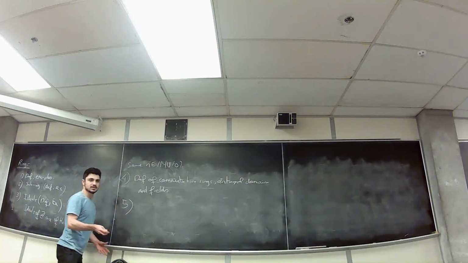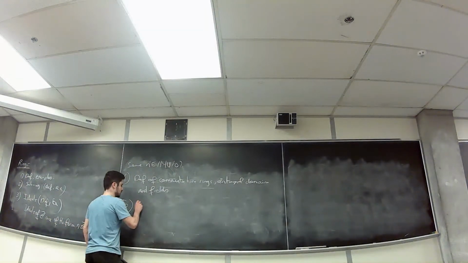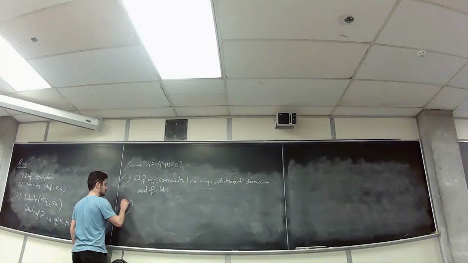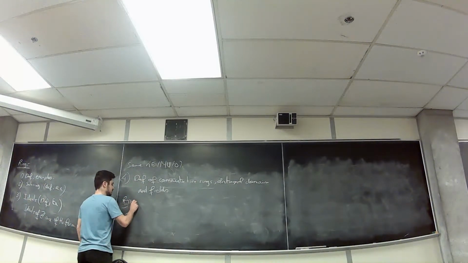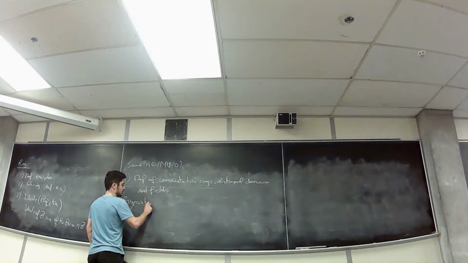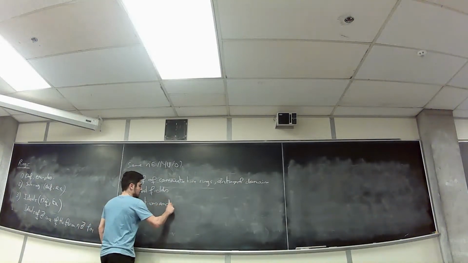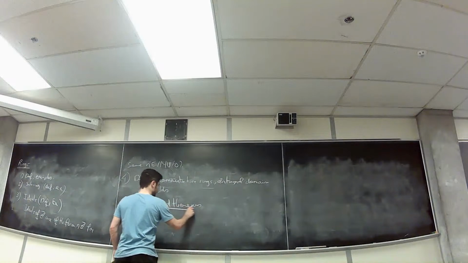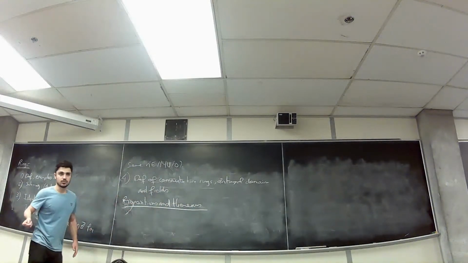So for example, what's the first thing we prove? Let's prove the product properties. What's the first one?